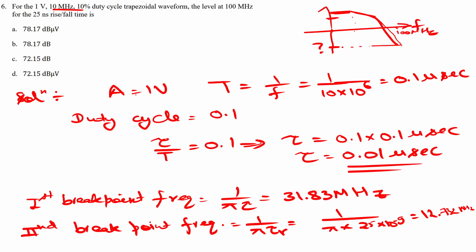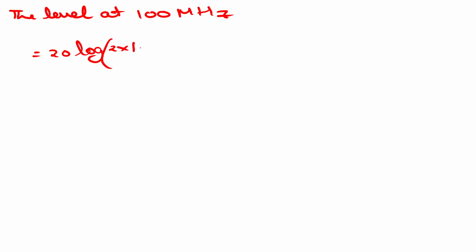So we have to find the level at 100 megahertz, which is given by using this formula: 20 log of 2A tau by T, for the DC level. A is given as the amplitude of this wave, 1 volt, so that's why it's 1.